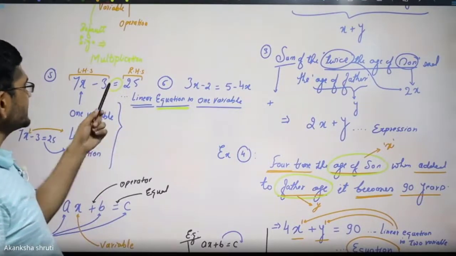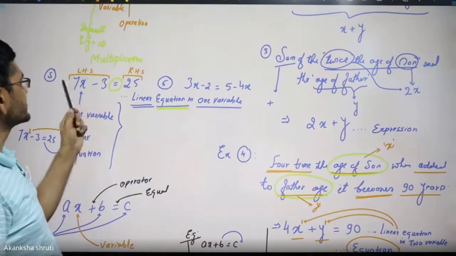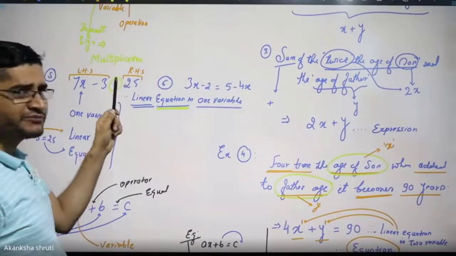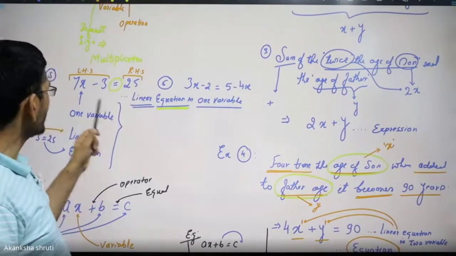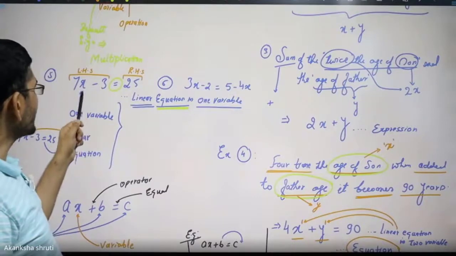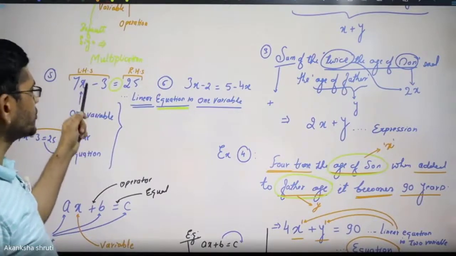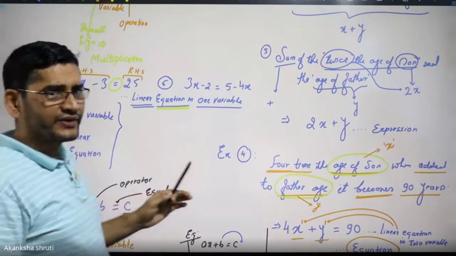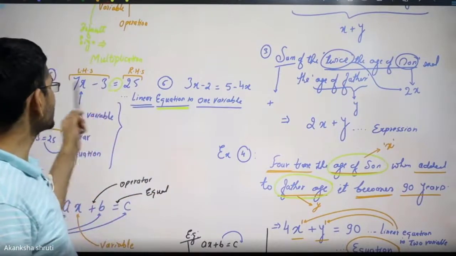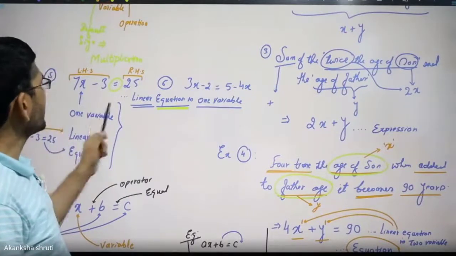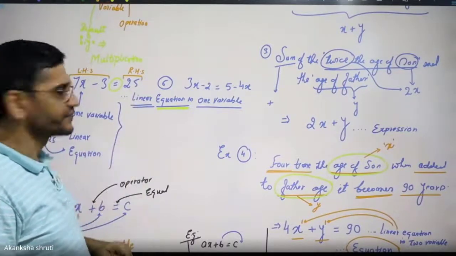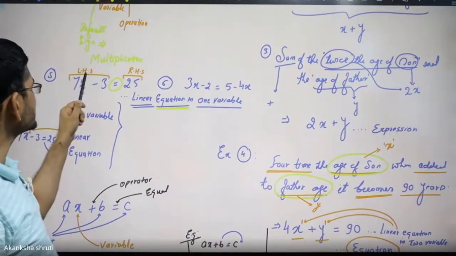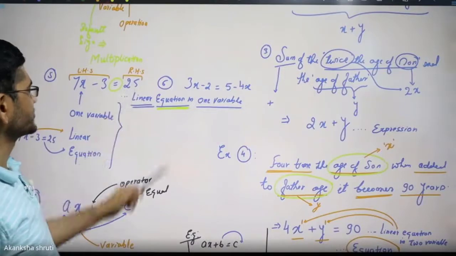Now this equation can be of different types depending on how many variables there are, whether one variable, two variables, or three variables. It doesn't matter whether the variable is on the left hand side of this equal symbol or on the right hand side. Whatever is present on the left hand side of the equal symbol is denoted LHS, and the right hand side RHS.